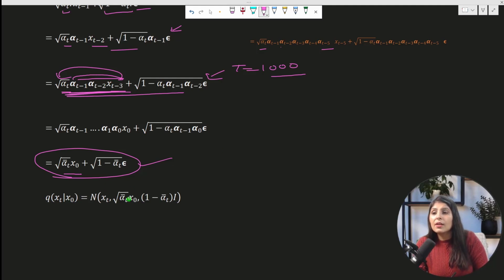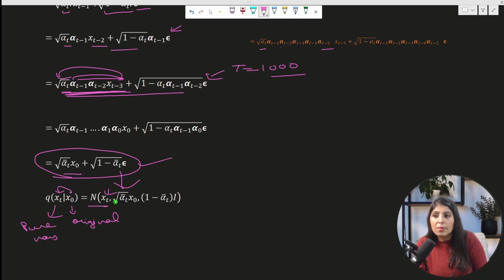And now we can rewrite this formula into the form which we have discussed. From x0 to xt, meaning from the original, clean image we will get the pure noisy image. And for that we are using a normal distribution.